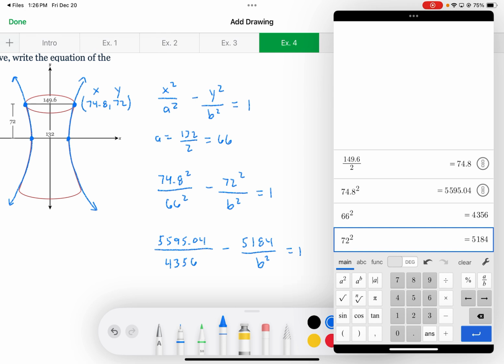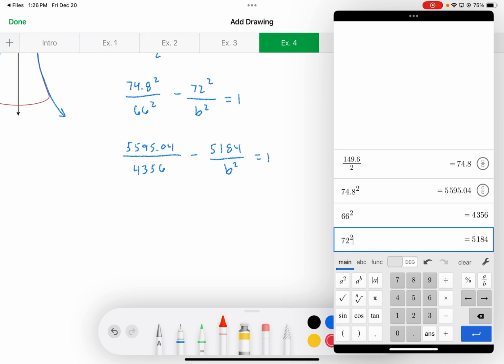Several different approaches or strategies you could use. Here's going to be the one I'm going to take. I'm essentially going to switch these two terms. I'm going to add 5,184 over b squared to the right, and I'm going to subtract the 1 over. And when I do that, I'll get a common denominator.